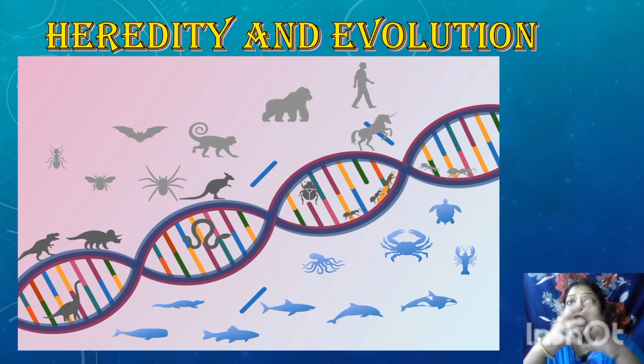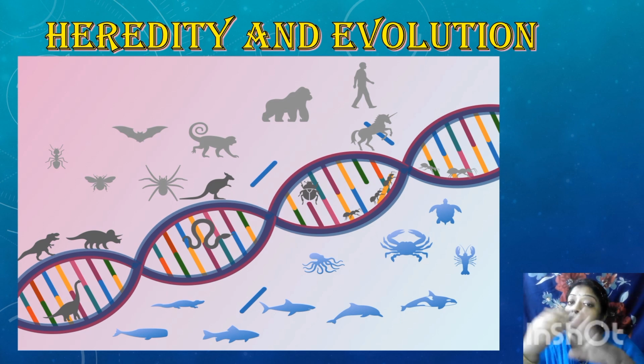The fusion of the gametes, the ovum and the sperm, takes place here. So there will be some variation noted. Sometimes they may be alike, but in certain cases they may not be alike, and they will have some variations.